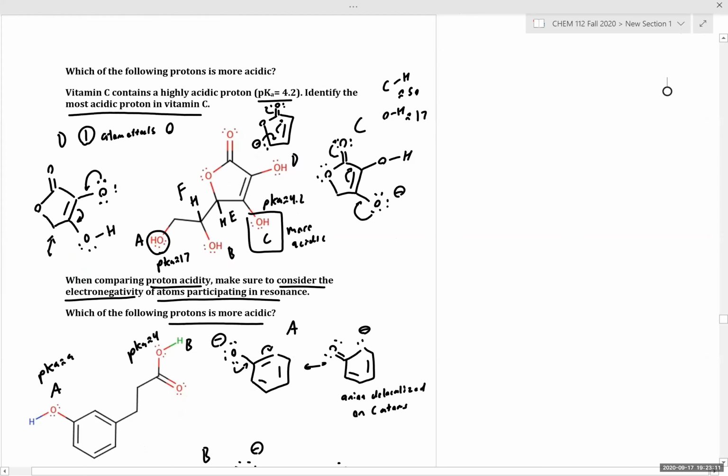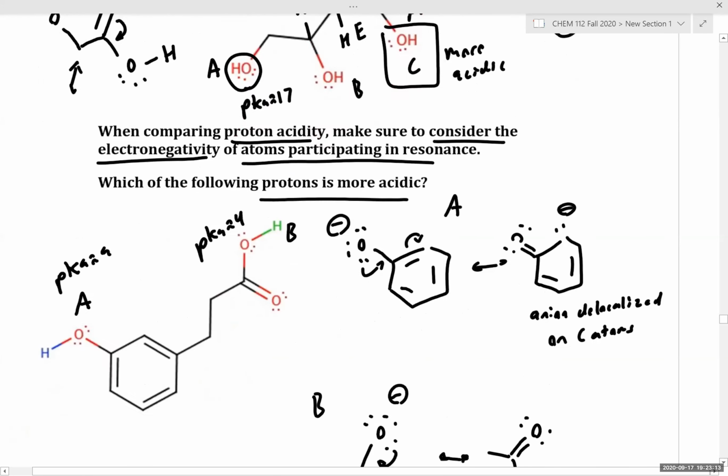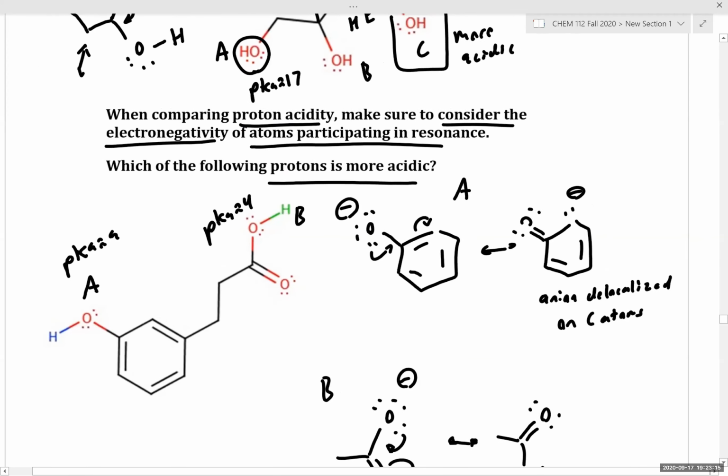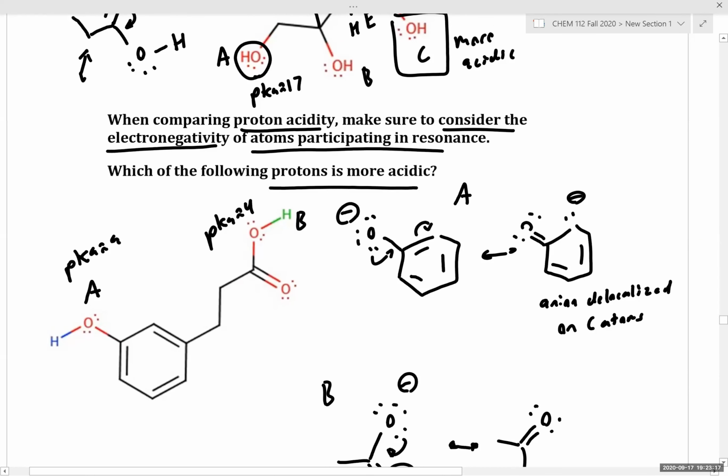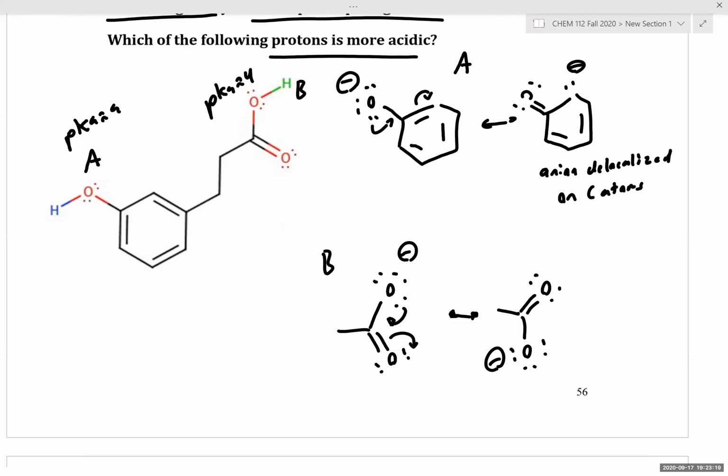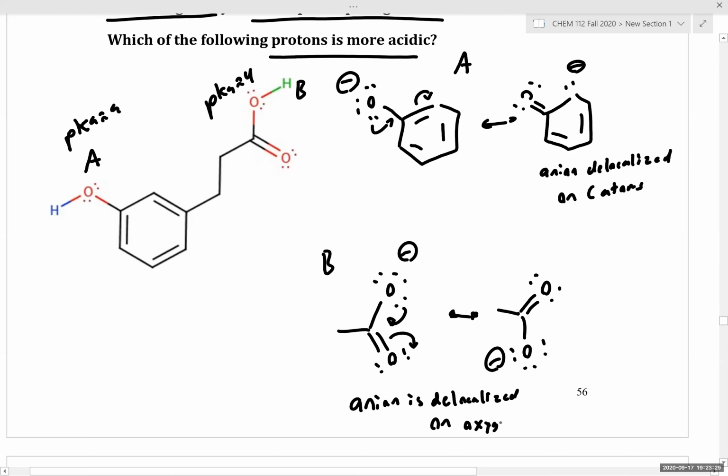So in the second case, for proton B, as we can see quite clearly, our anion is delocalized on oxygen atoms.